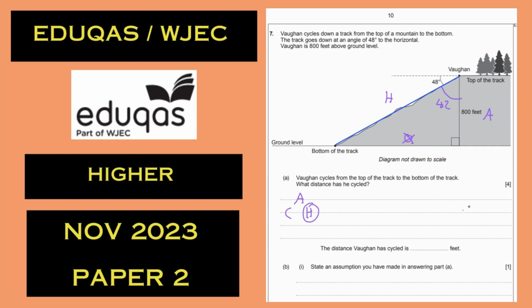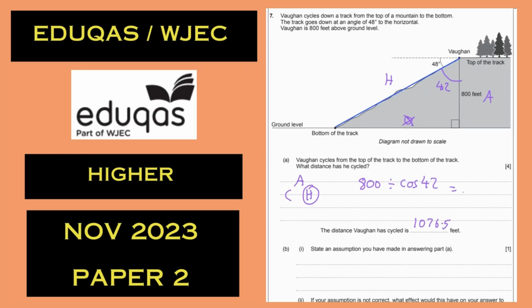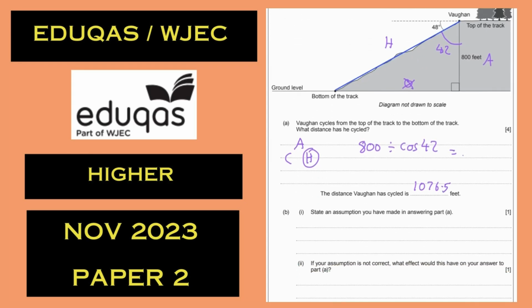We're after the H. That means we need to do adjacent divided by C, the cos button of our angle. And like all Eduqas papers, they're not that bothered about how accurate. Mark scheme goes nearest whole number. I'm going to go 1076.5.